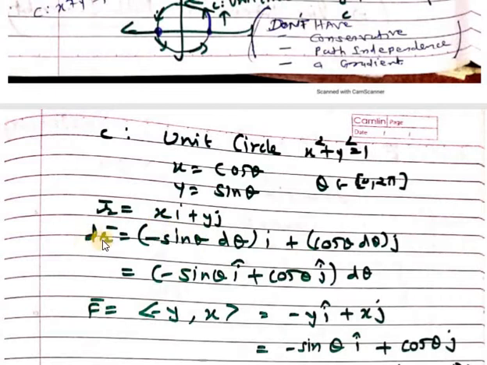So dr bar can be written as minus sin theta d theta into i plus cos theta d theta into j. Taking d theta common, we have it this way. Our vector field F bar is minus y comma x, but y is sin theta, so minus sin theta i, and x is cos theta, so cos theta j.